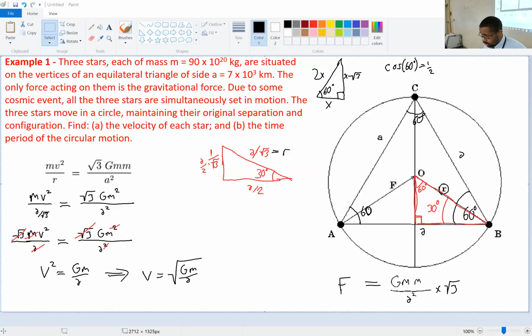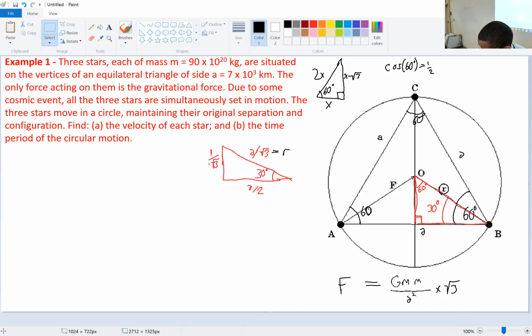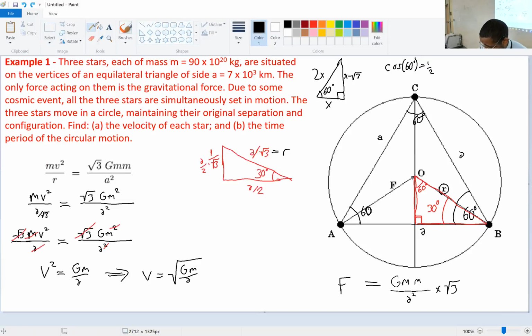The second part is not as long as the other one. I just got rid of this part.